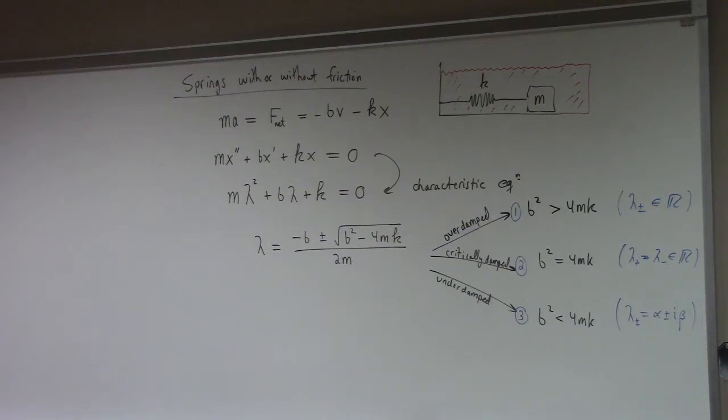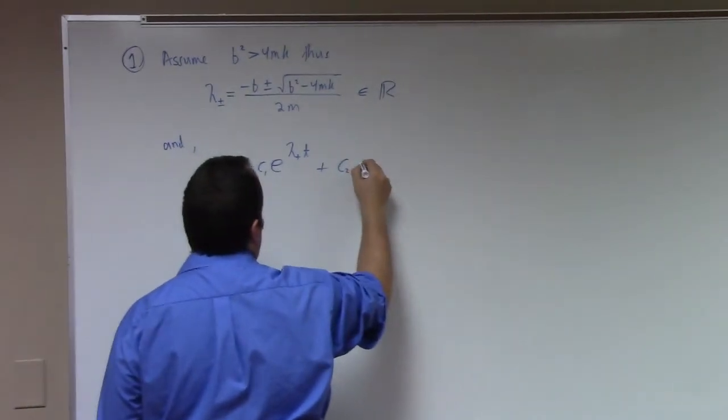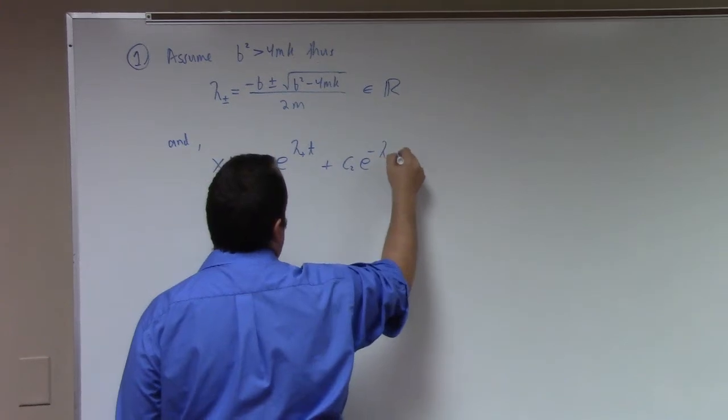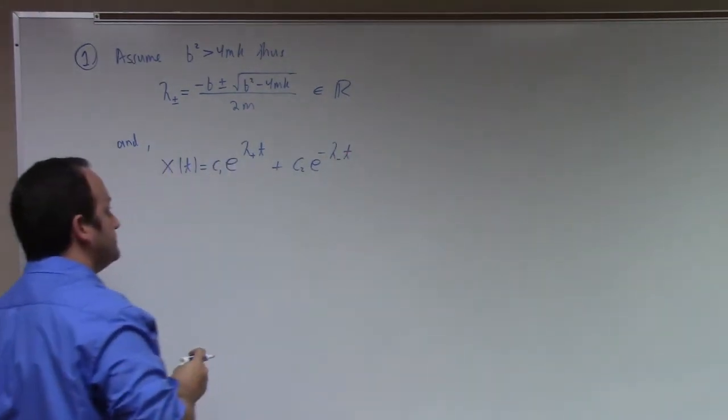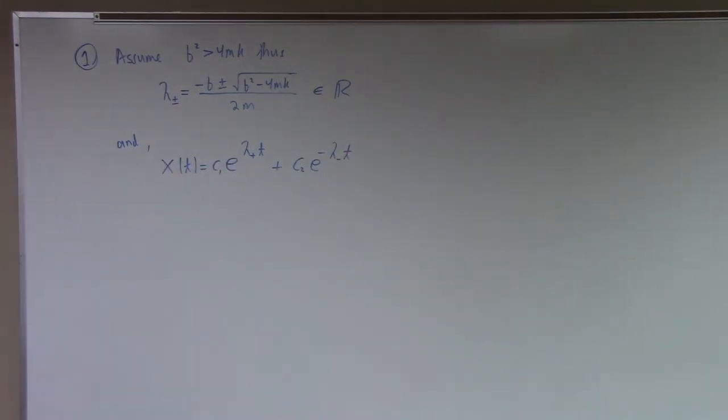And we have x of t equals to what? E to the lambda plus times t, constant c1, plus some other constant c2, e to the lambda minus times t. I can be more explicit, right?